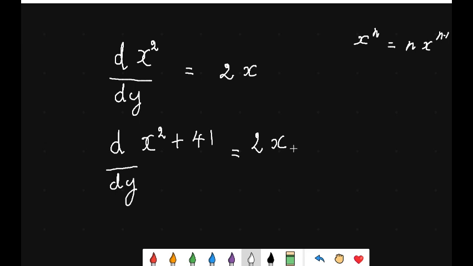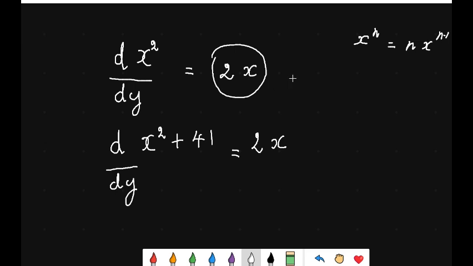Correct? So why I came up with these two examples is, you can see that the derivatives of two different functions end up with the same result. And this is useful when we think about the antiderivative. So anti-differentiation or the antiderivative is that somebody might say, hey, the derivative of a function is 2x.